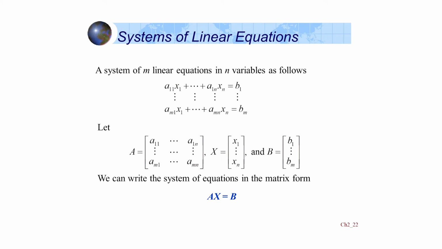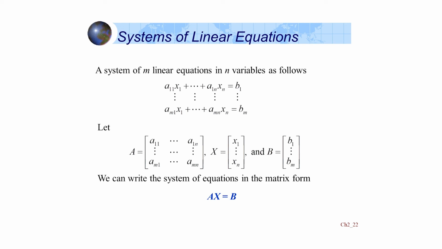If you collect the coefficients of these equations, you get a matrix of size m times n. If you write the variables of this system in a column, you get a column of variables denoted by capital X, consisting of x1, x2, and so on to xn, reading from top to bottom.